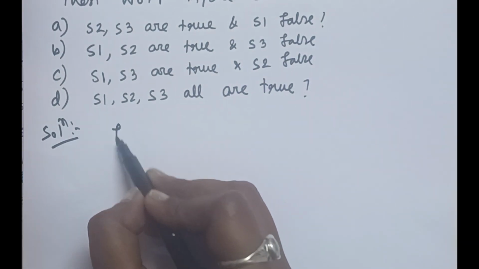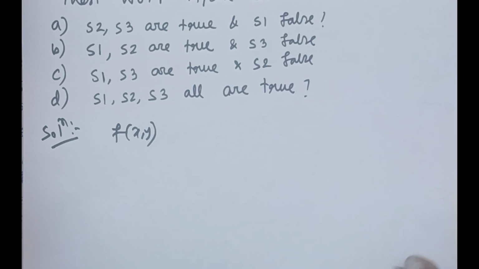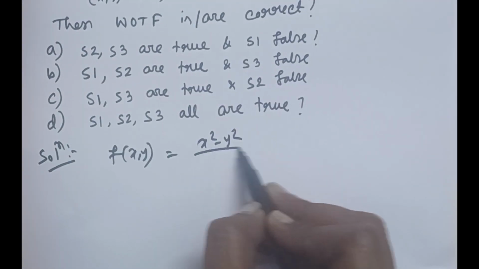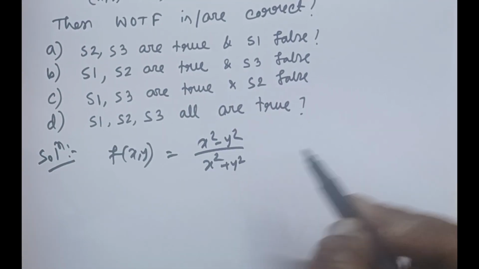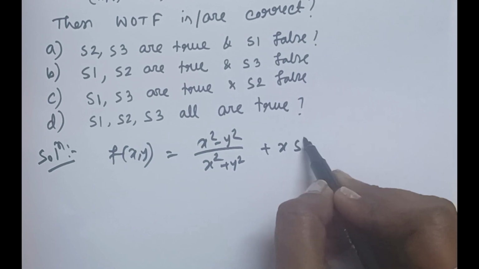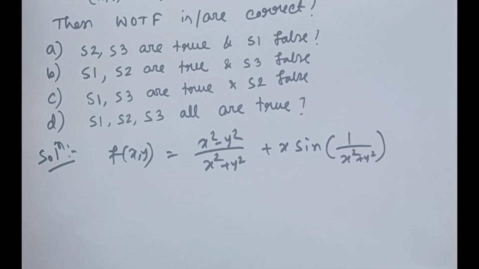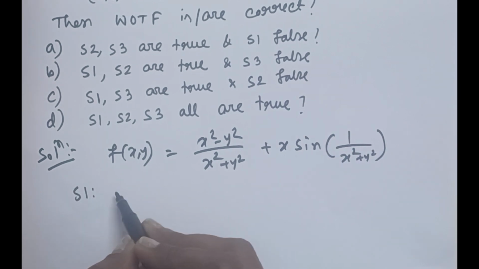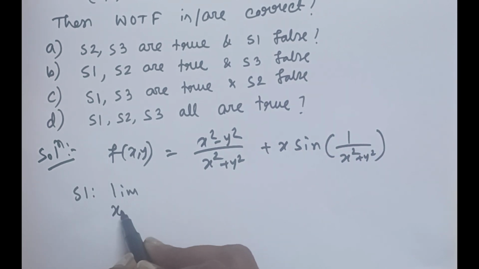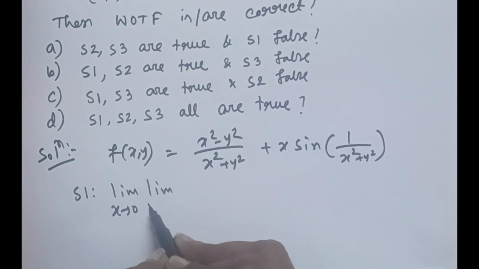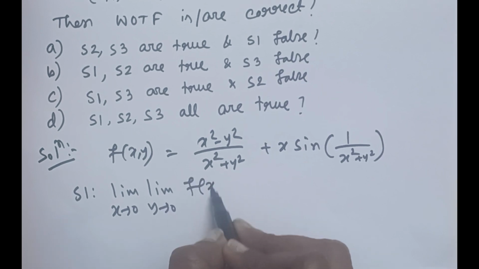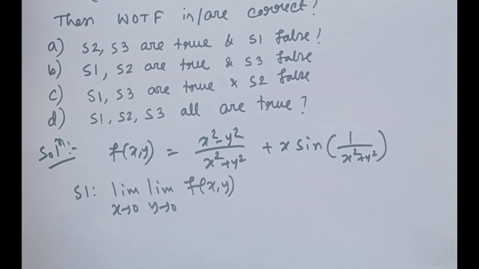Now the function which is given is f(x,y) equals (x square minus y square) by (x square plus y square) plus x sine of 1 by (x square plus y square). First check statement 1, which is limit x tends to 0, limit y tends to 0, f(x,y).